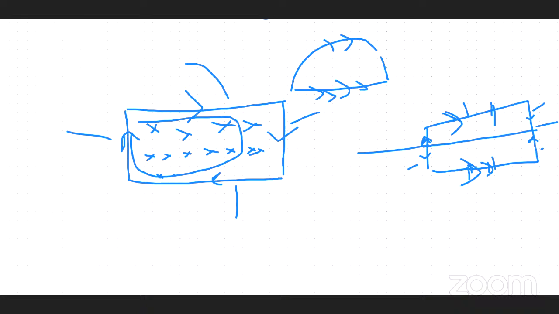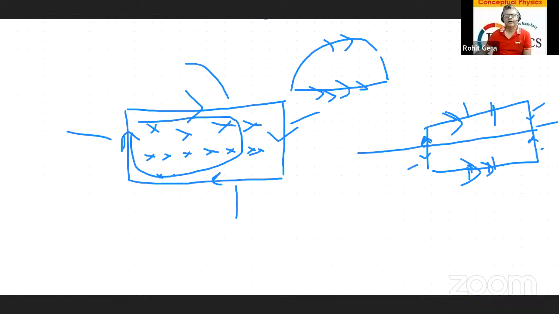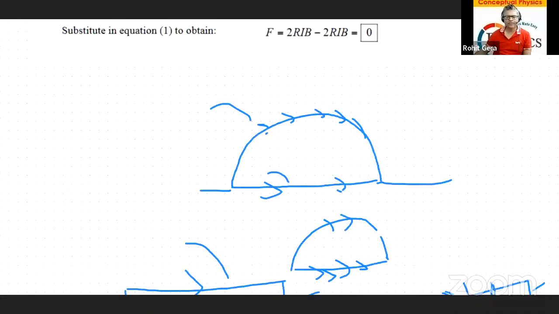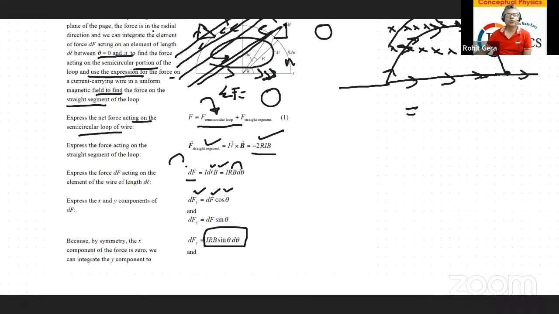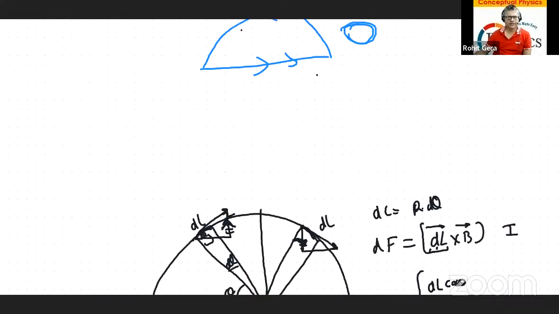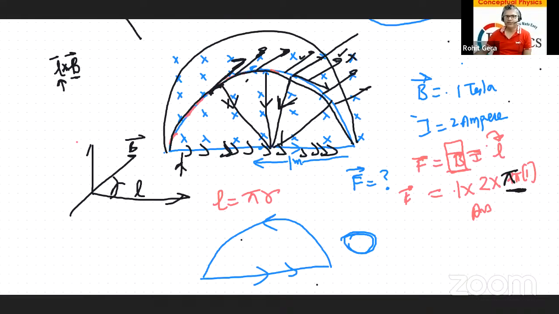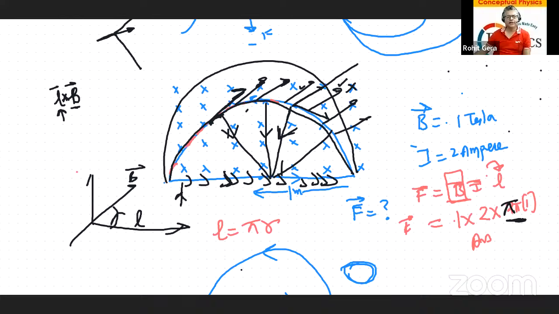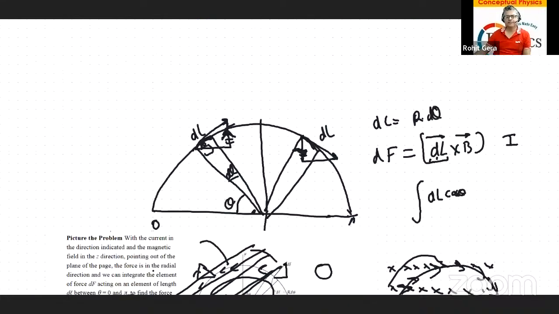We'll do a bit of practice when we go to the talk part of it, but hopefully this has given you a bit of insight, कि यार क्लोज्ड लूप से बहुत फर्क पड़ता है। If it's a closed loop current, the net force is 0. If it is not a closed loop current, the net force is not 0.